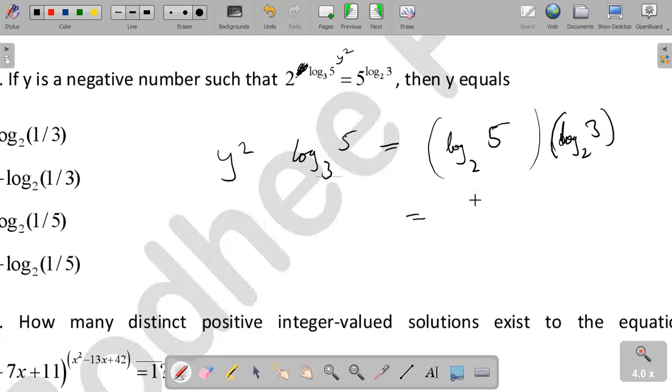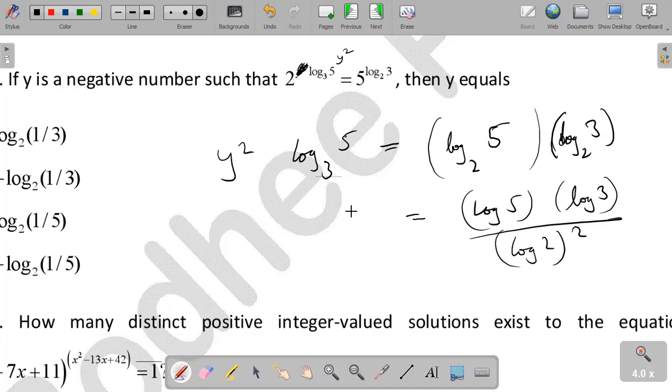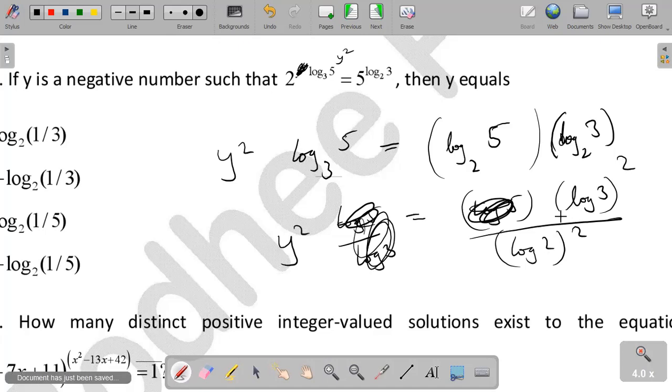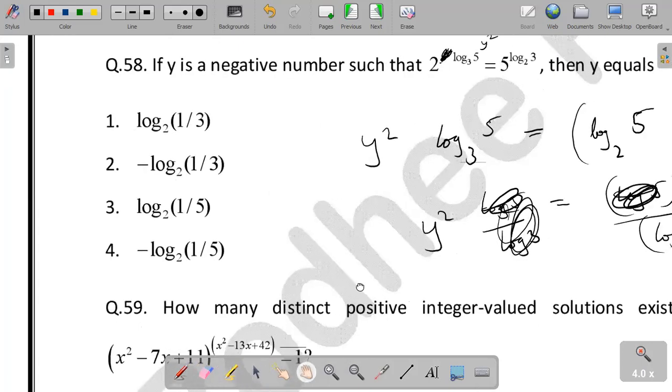So now I would get log 5, log 3, log 2 whole square. And here I would write log 5, log 3. Log 5 and log 5 got cancelled. Log 3 goes here, so this would also be a square. So this would be y square. So the answer would be log base 2 and 3. Log 2 and base 3.